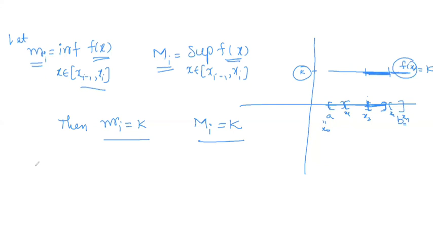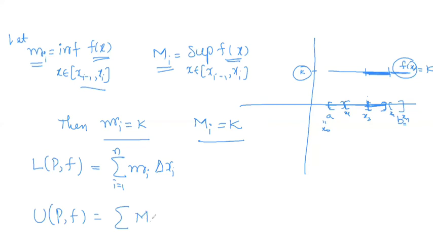Now we shall calculate the lower Riemann sum. The lower Riemann sum is the summation of small mi into delta xi, i running from 1 to n, and the upper Riemann sum is the summation of capital Mi into delta xi. For all i, mi is nothing but k, so substitute k into delta xi, i running from 1 to n.